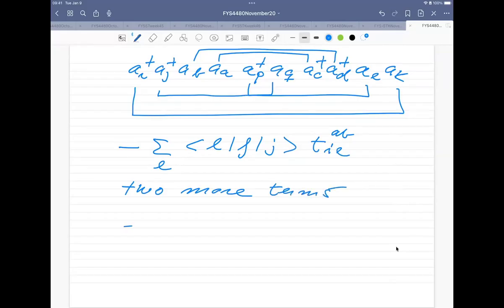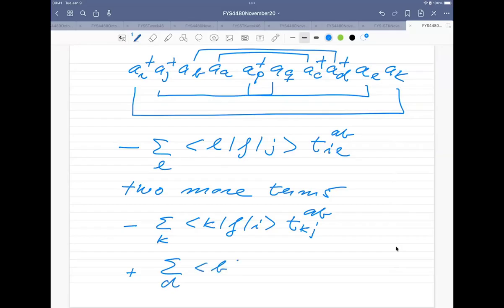So we're going to get another term, which is going to be a sum of K, and it's going to have a K, this F, and I, and then T, K, J, A, B. And finally, there's one term which has a plus sign, and that is the one where we have particle states. And this gives us a B of F of D, and then I'm going to have a T, I, J of AB.